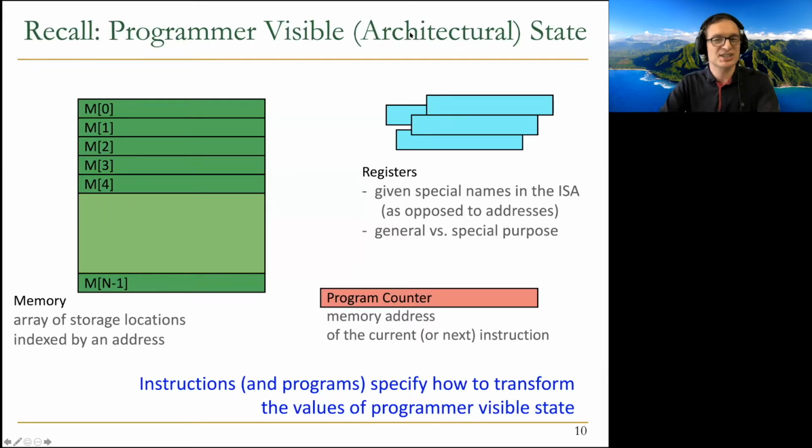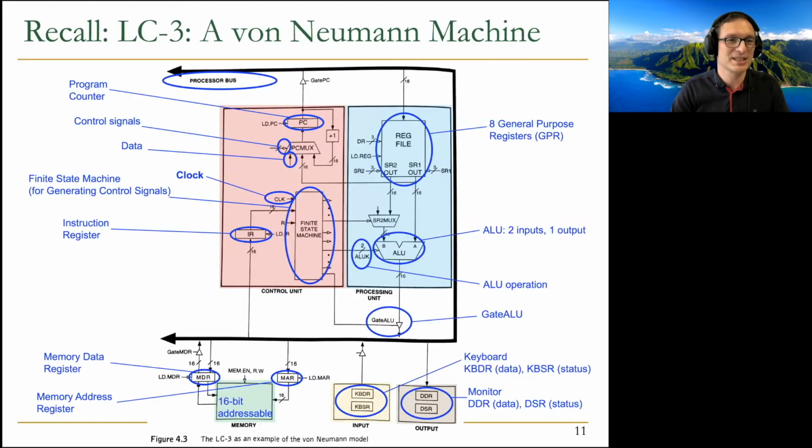If some register inside the machine is not visible to the programmer, then clearly it's not programmer-visible, and the machine can do anything it wants with it. But whenever the machine is writing to these registers, memory, and program counter that are visible to the programmer, it should be very careful. It should not do something that is not dictated or expected by the programmer. We will see more of that later on.